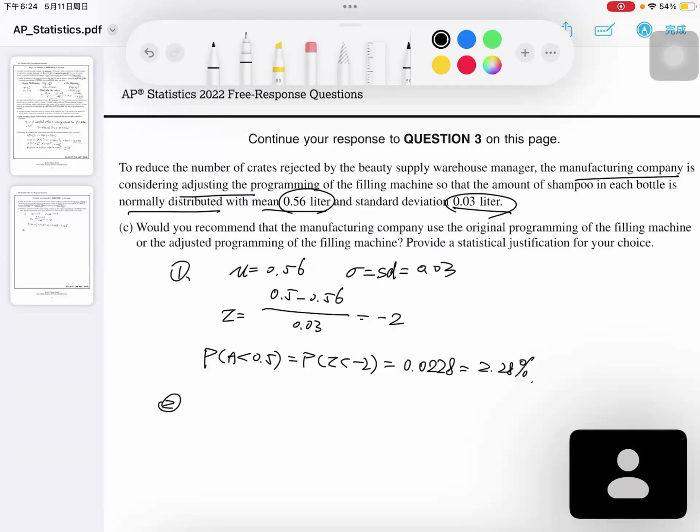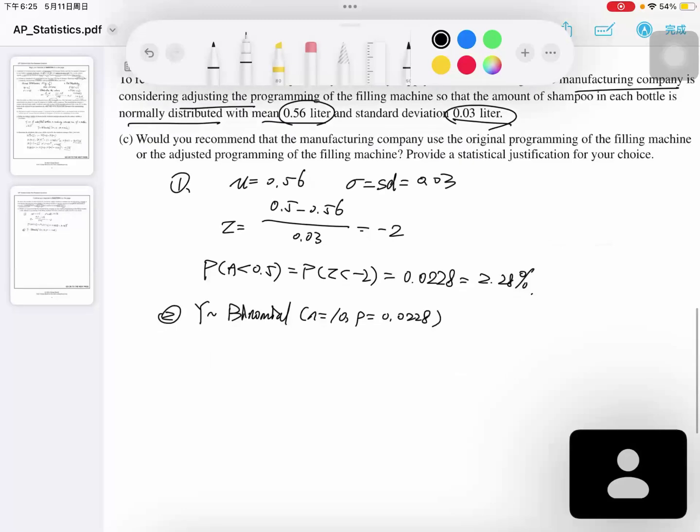The next step is to calculate the rejection probability. It still follows the binomial distribution, only with the value of p changed. So we apply the same technique. That is, the probability of Y larger than or equal to 2 equals 1 minus the probability of 0 minus the probability of 1.